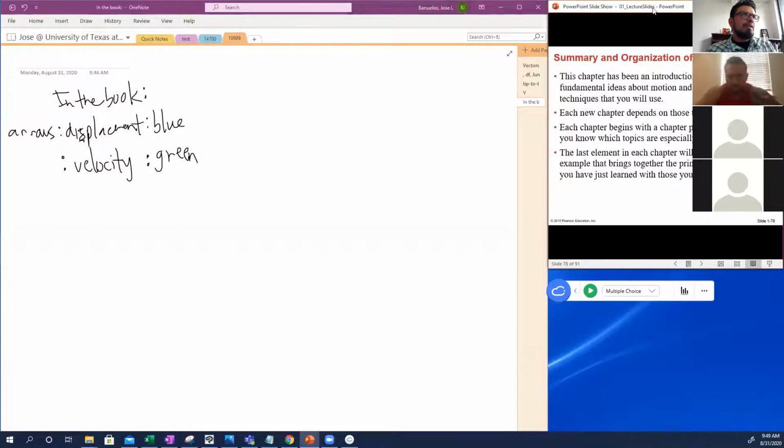And at the end of each chapter, there's also going to be a very well-developed summary of everything we talked about. And one of the things that you'll find is I'm not going to spend too much time going over those preview slides. And I'm also not going to spend a whole lot of time going over the summary slides at the end of the talks. And so I'm asking you guys to spend your own time going through those.